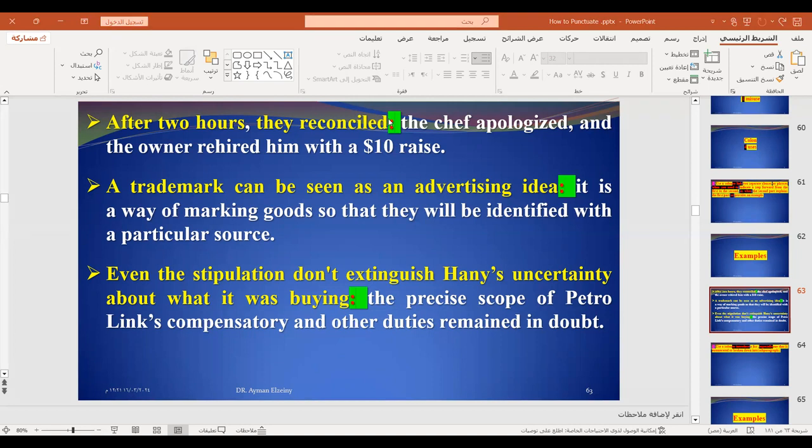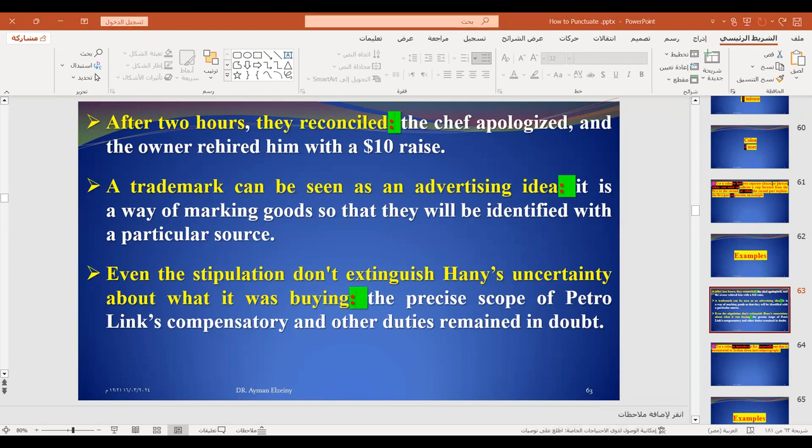The second part explains what happened. In the second part, we explain that the chef apologized and the owner rehired him with a $10 raise.